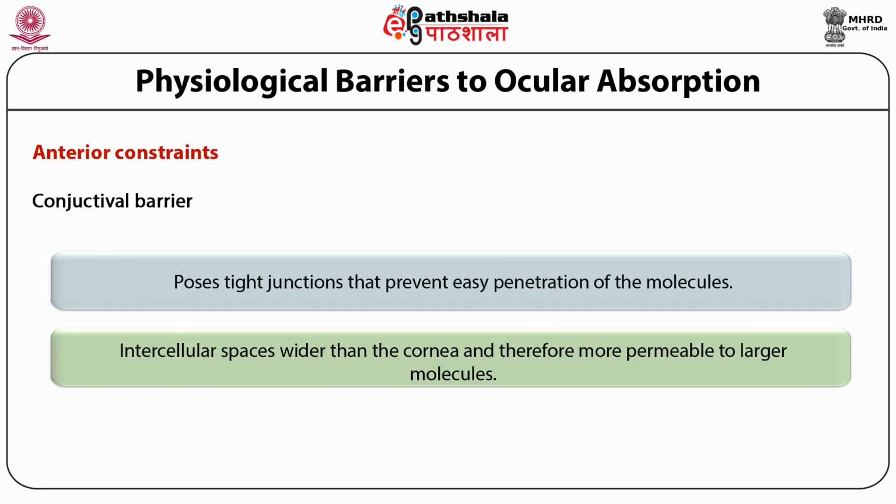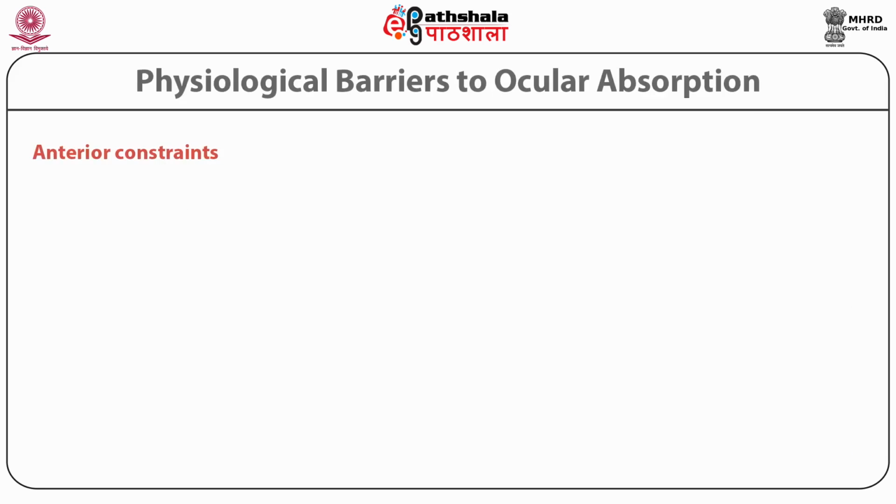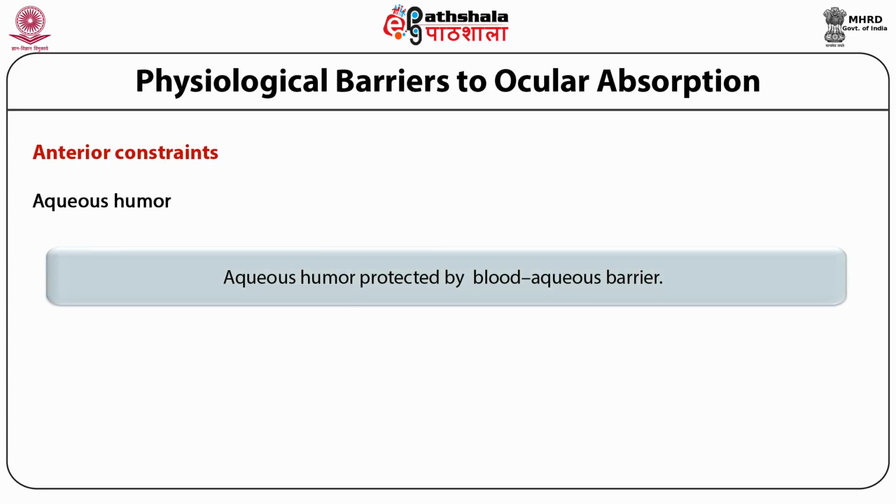The subconjunctiva shows the presence of many blood and lymphatic vessels which carry the drug absorbed into the conjunctiva into the systemic circulation. Next is the aqueous humor. The aqueous humor is protected by the blood-aqueous barrier comprising endothelial cells in the uvea and the non-pigmented epithelial layer of the ciliary body.